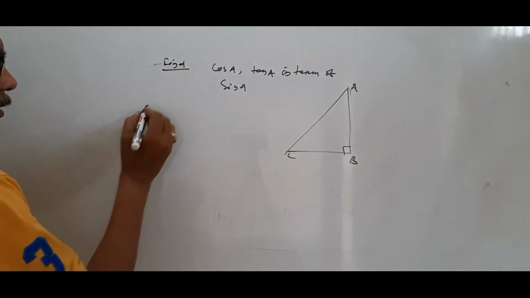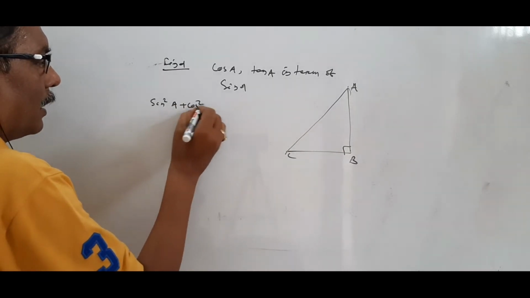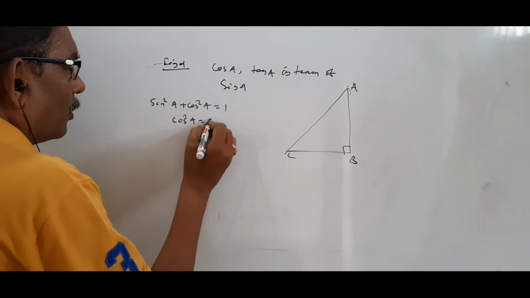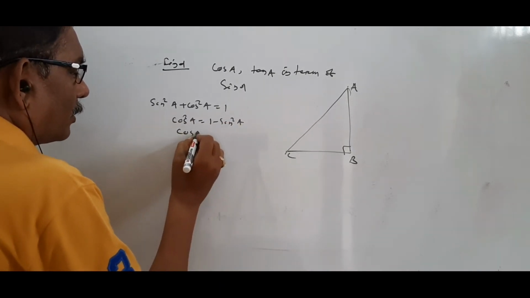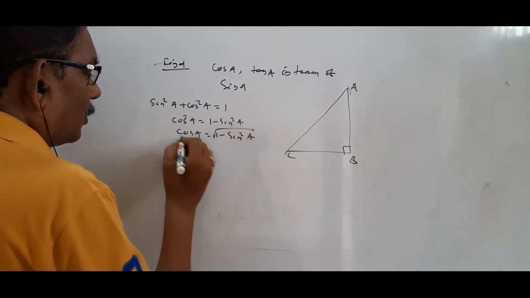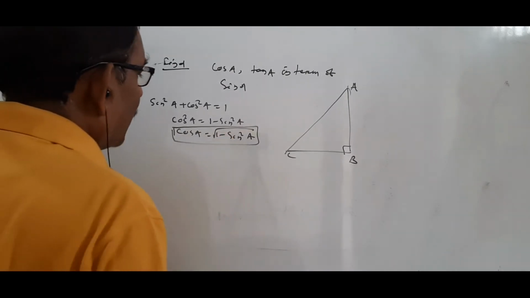So you know that sin square A plus cos square A is equal to 1. Cos square A is equal to 1 minus sin square A, or cos A is equal to the square root of 1 minus sin square A. So this is cos in terms of sin.